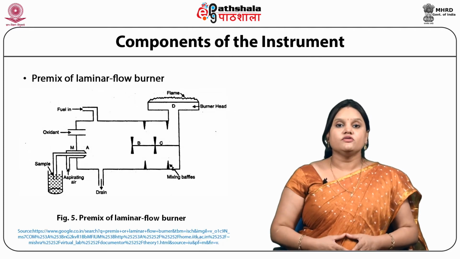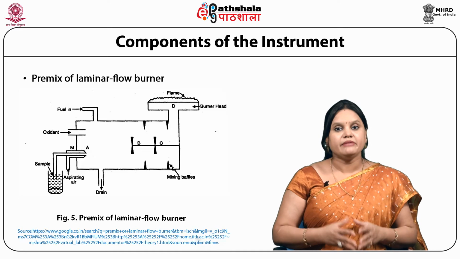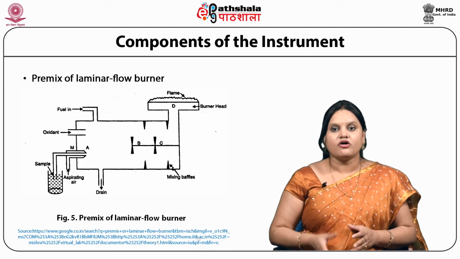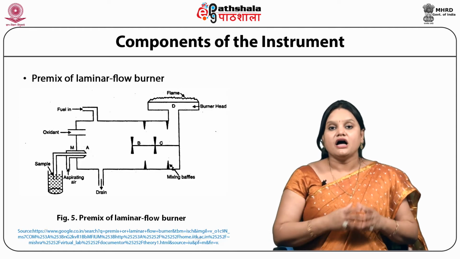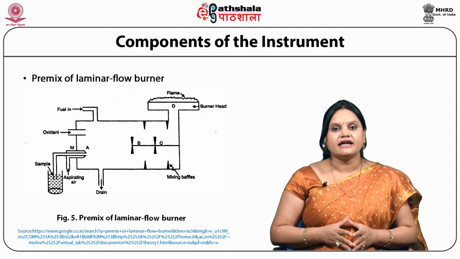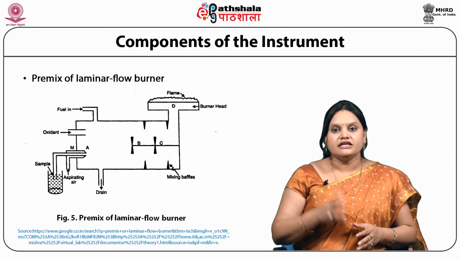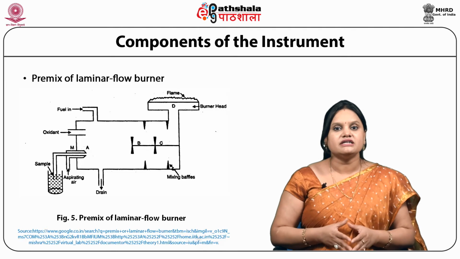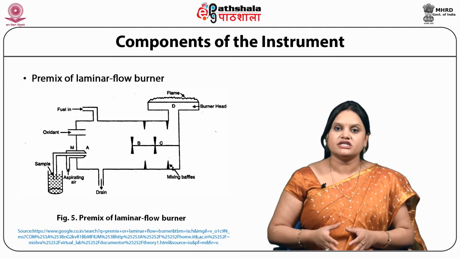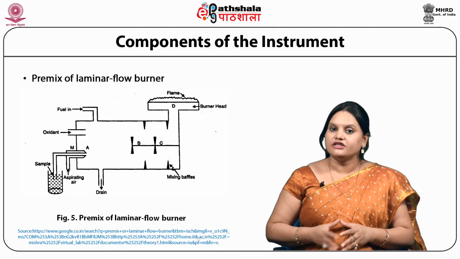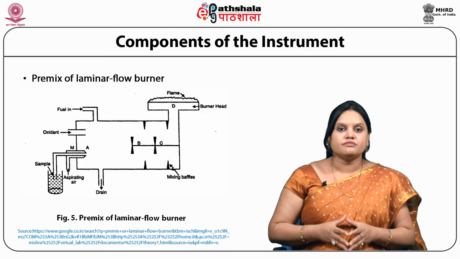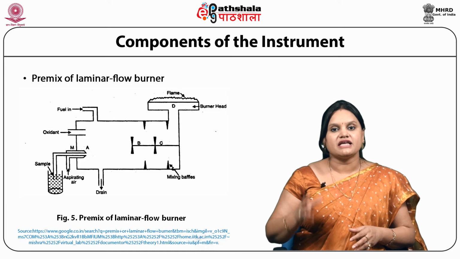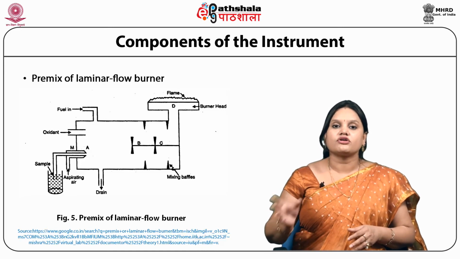The flame produced by a premix burner is non-turbulent, noiseless and stable. Another advantage is that easy decomposition of the sample takes place, which results in an efficient atomization of the sample in the flame.